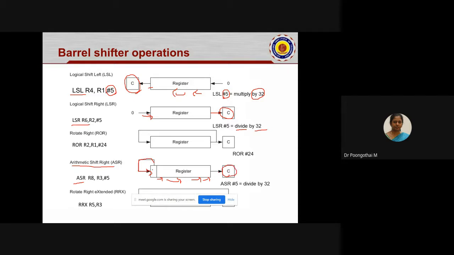It will preserve the 31st bit and propagate the sign bit to the next position: 31st to 30th bit, 30th to 29th bit, and so on towards the right, and the last bit is copied into carry.